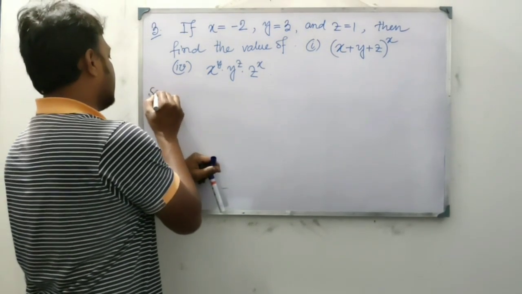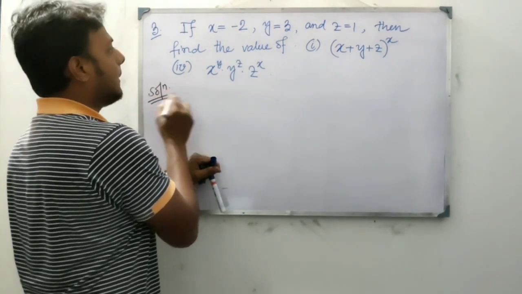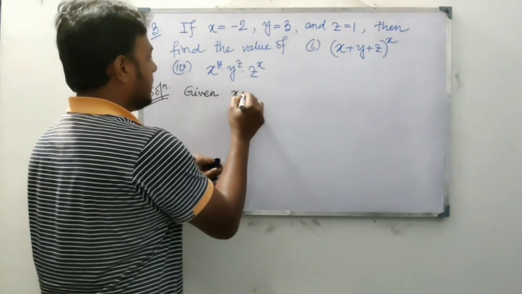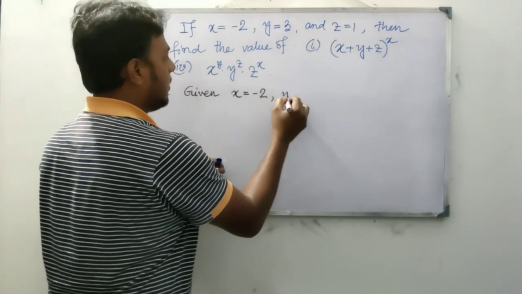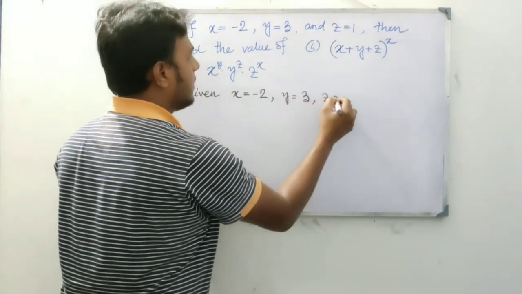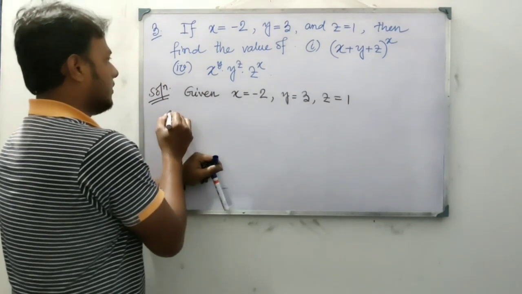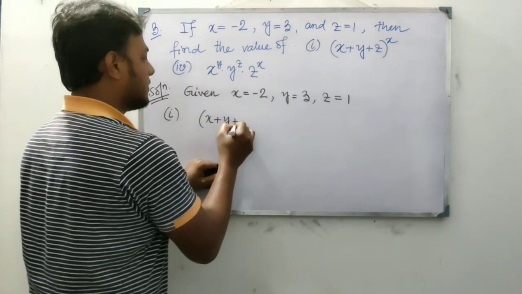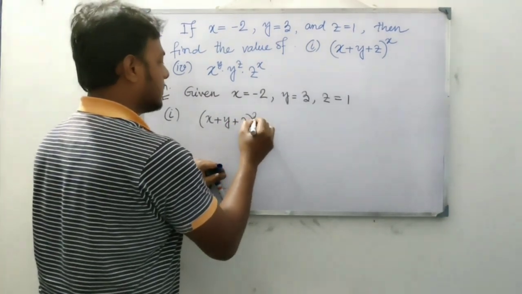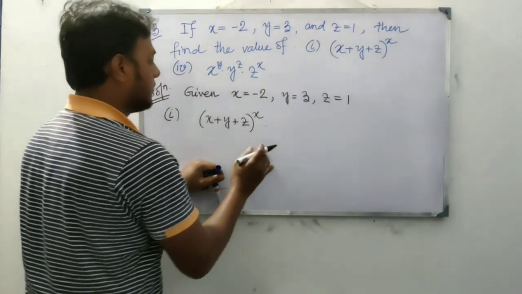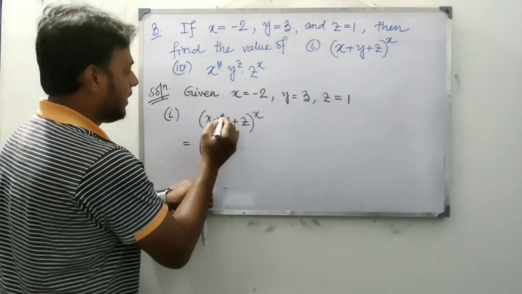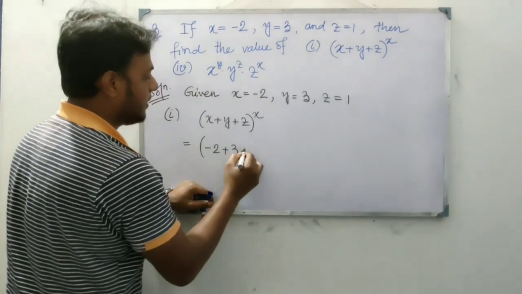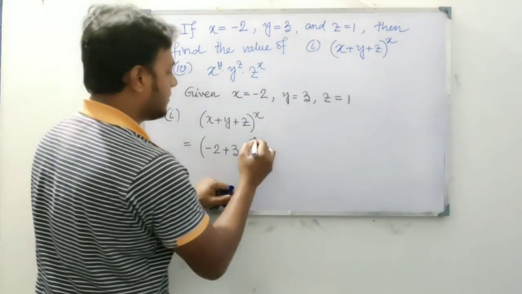I am solving the first one. Directly we will put the value. Given that x equals to minus 2, y equals to 3, z equals to 1, then to solve the first one, x plus y plus z to the power x equals to, put the direct value. x equals to minus 2, in the place of y it will be 3, plus in the place of z 1, whole to the power x means minus 2.